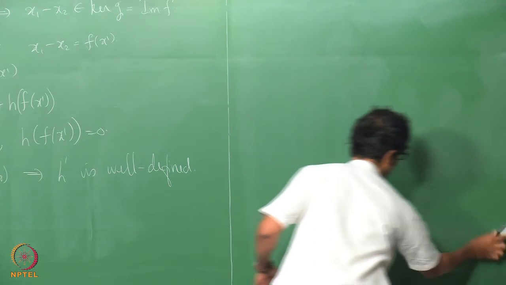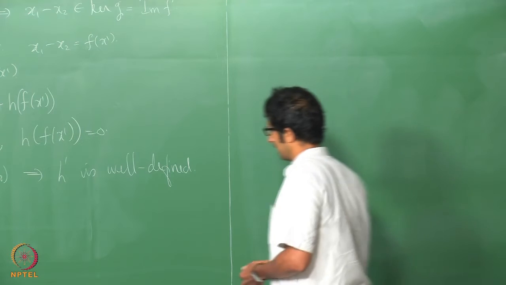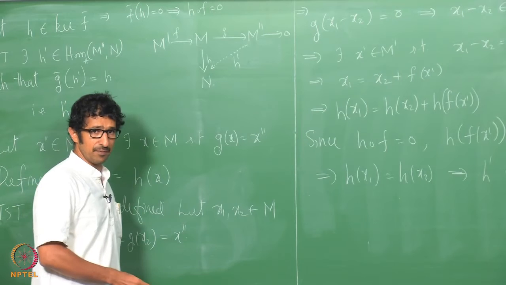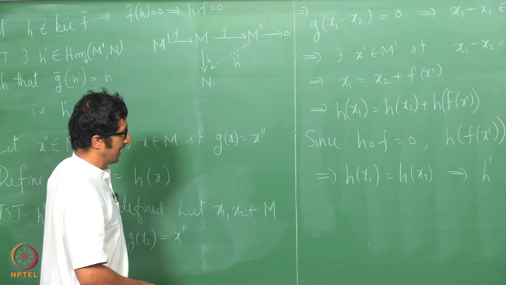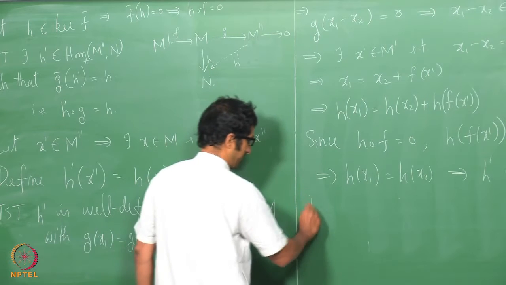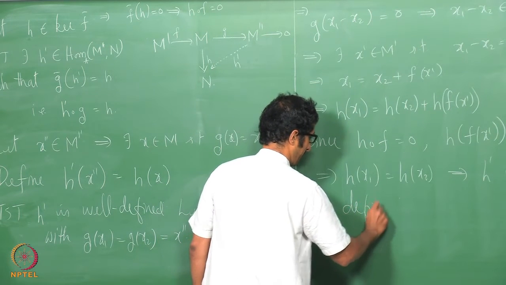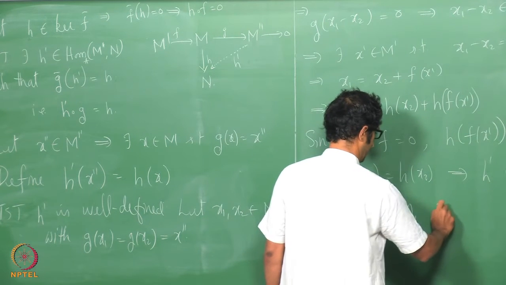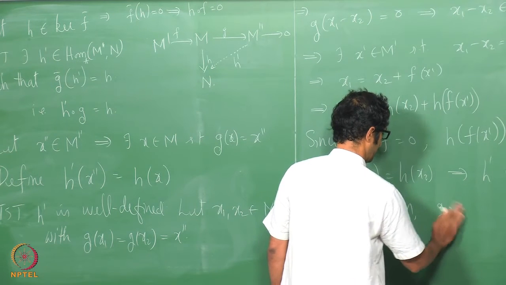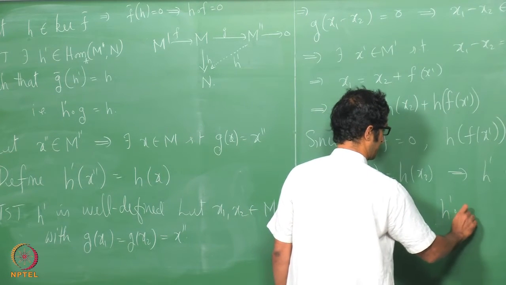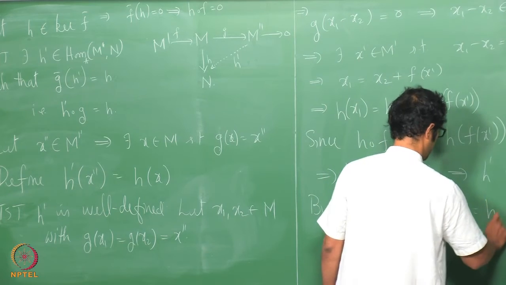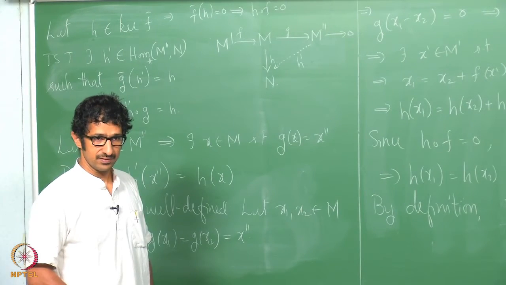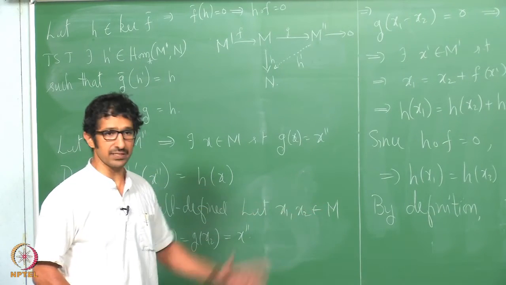One needs to prove that this is an A module homomorphism. So, by definition h prime composite G is equal to h. By definition this property is true, right.